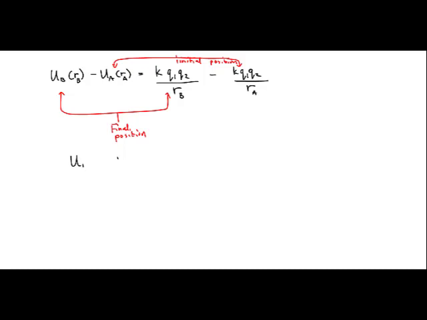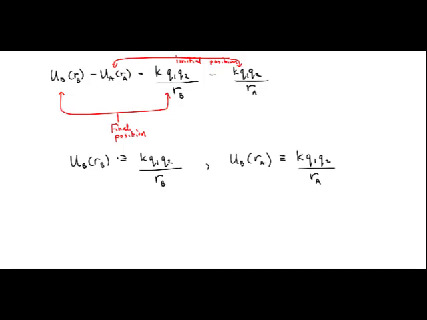In other words, the potential energy at point B, we could say that that is equal to the Coulomb constant times the product of the two charges divided by the final distance. And the potential energy at point A, we could define, and in fact this is a definition, as being K times the product of the two charges divided by that initial distance.